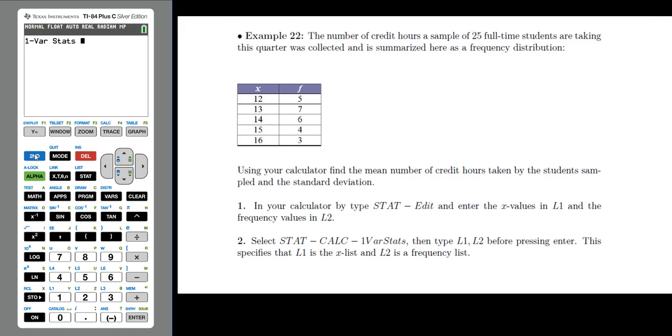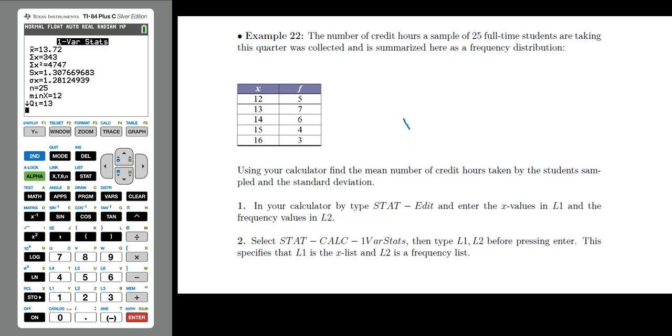So you first type where the variable's at, list 1. You type a comma, which is right above your 7, and then you type the list that your frequencies are in, and in our case, list 2. So once you type those, then you can press enter, and then you'll get the same thing that I got before. All right, so it just asks for the mean and the standard deviation here.